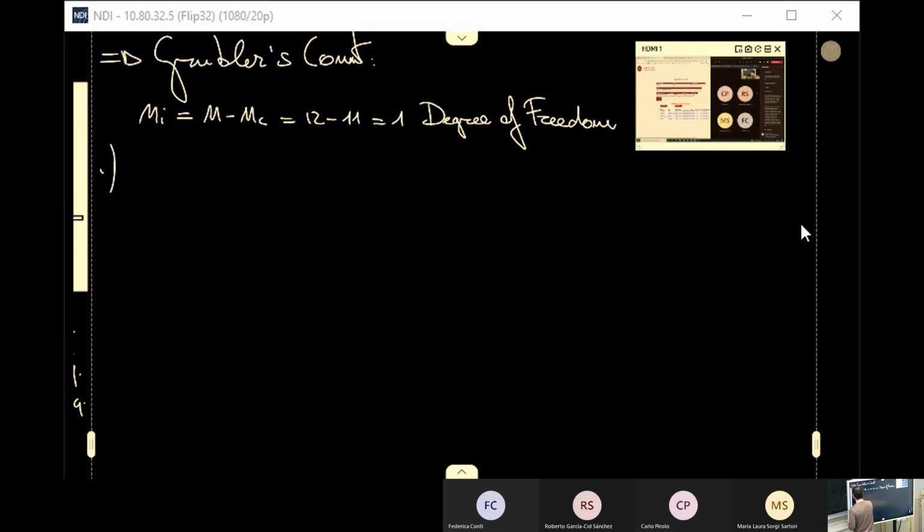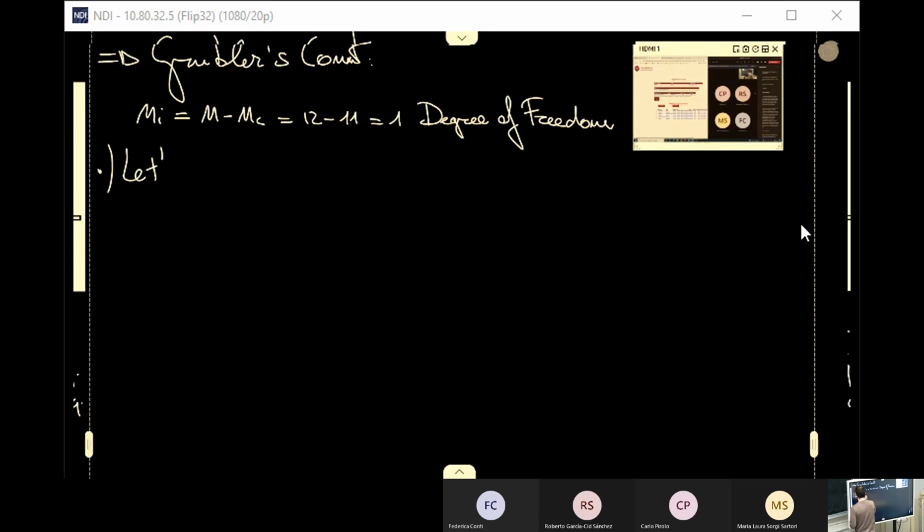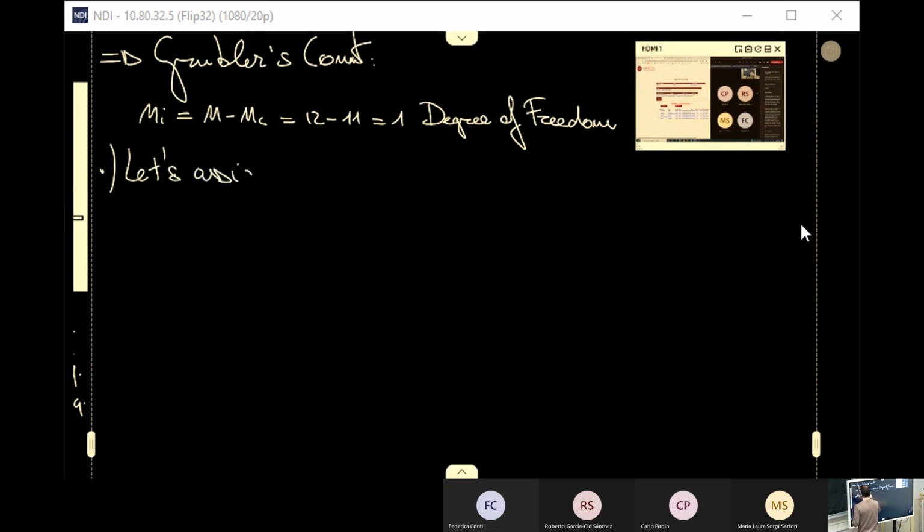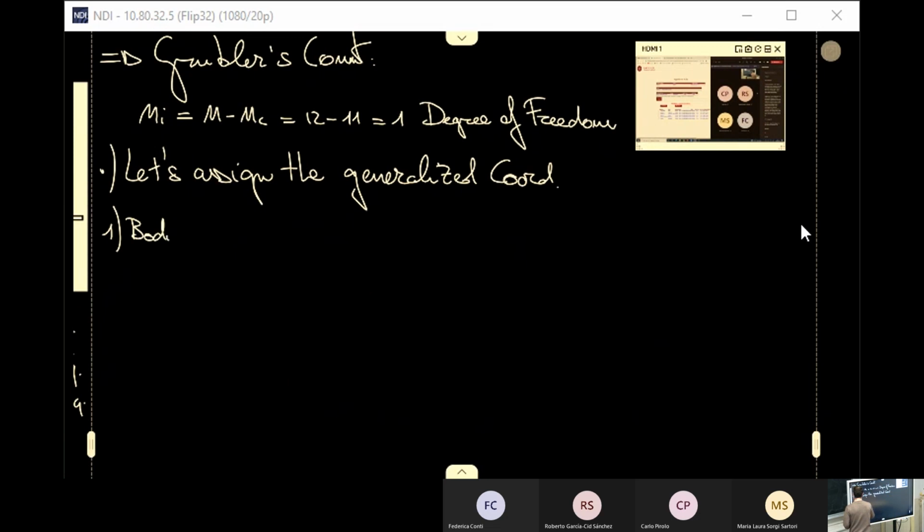Now let's assign the general coordinates. Okay, so for body 1, one thing that can be useful for you: many times, the bodies within a multi-body system are referred to as links.